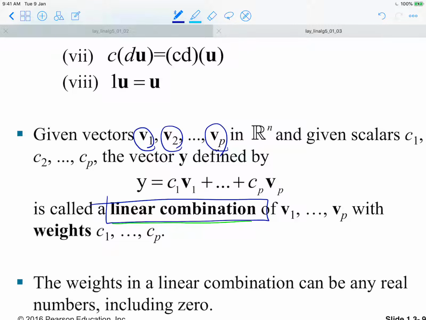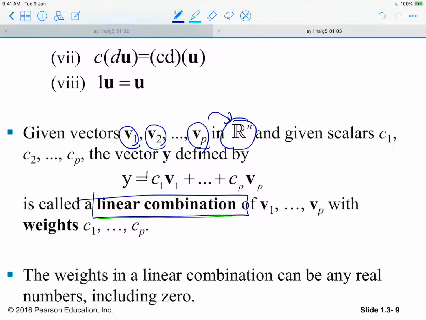So v1 through vp are all vectors, and now we have p different vectors, but they are all living in, or belonging to, the same dimensional space R^n. So this is the initial problem setting. Then we can think of this: first, for each vector, we perform the scalar multiple, and then just add them together. That's it. That is called a linear combination of the given vectors.